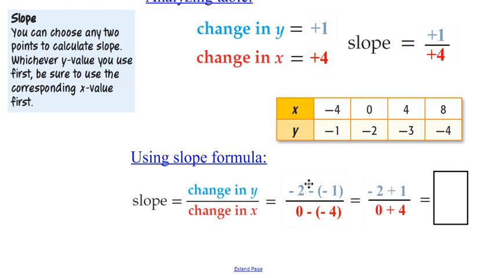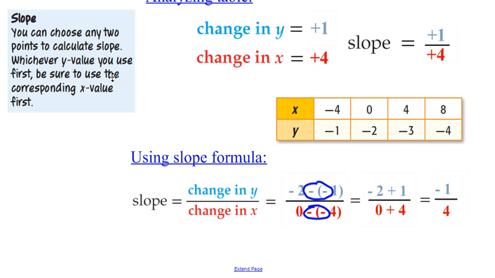A minus a minus is always a plus, so make sure that you recognize where those signs are coming from. These two right here turn into a plus sign. Same thing in the denominator. Minus a minus makes that a plus. So remember, I'd like you to always be using just one sign. So change those signs to whatever sign it is, whether it's plus or minus. So this gives us a slope of -1/4.